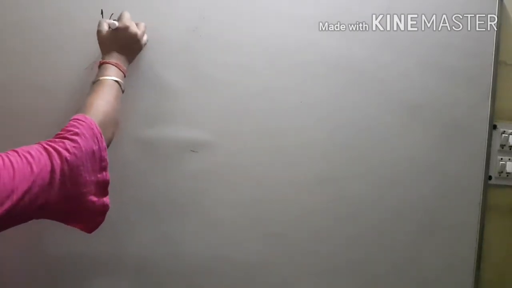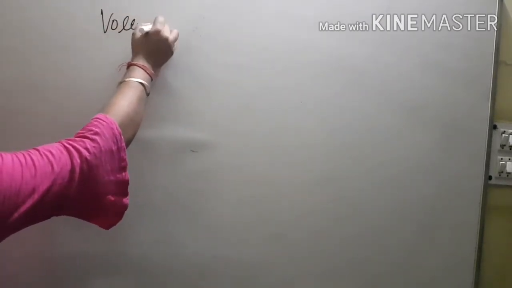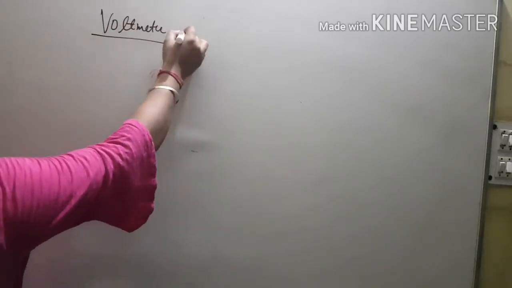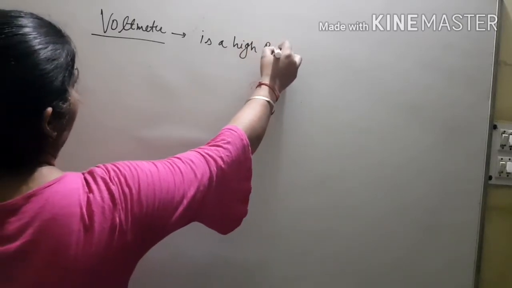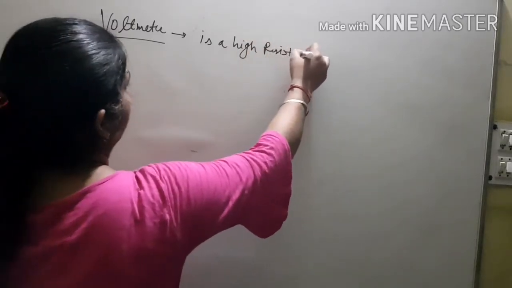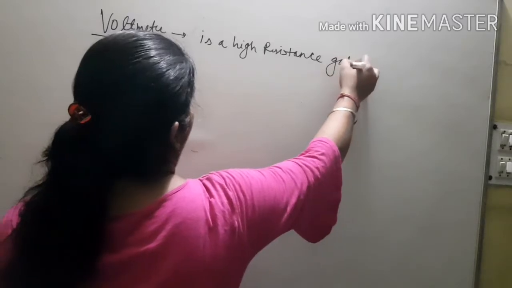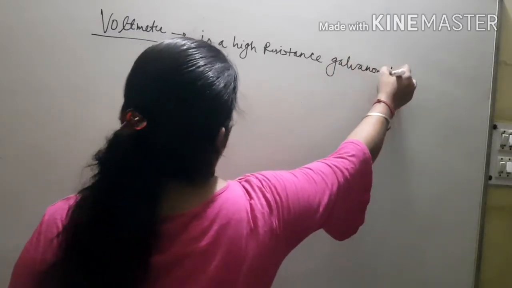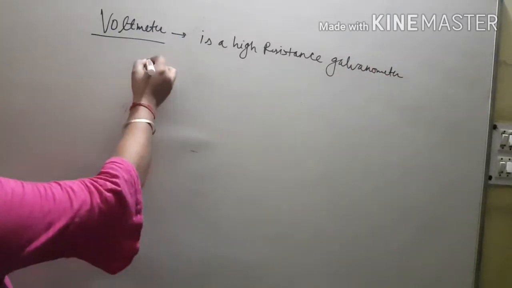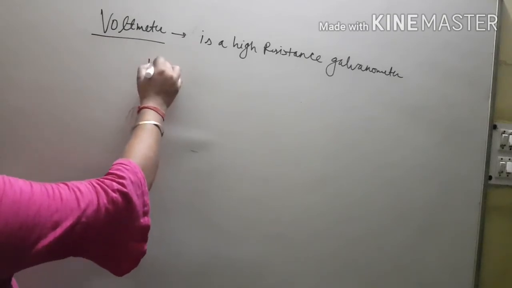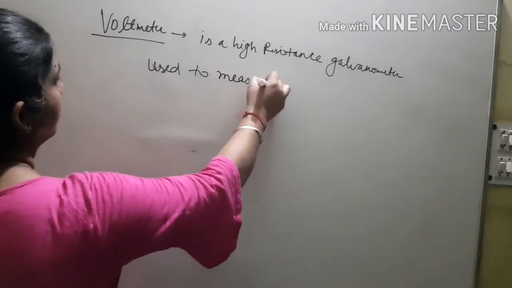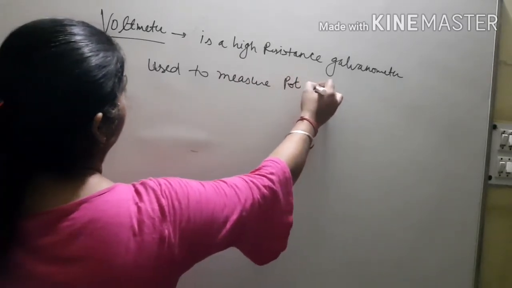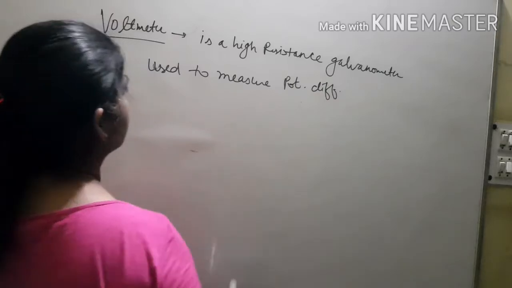Now the next topic is voltmeter. Voltmeter is a high resistance galvanometer, and it is used to measure the potential difference in a circuit.